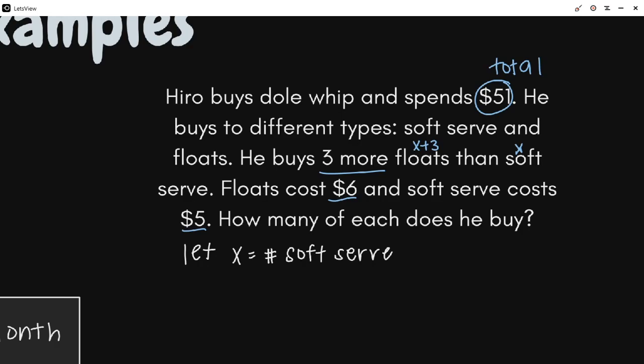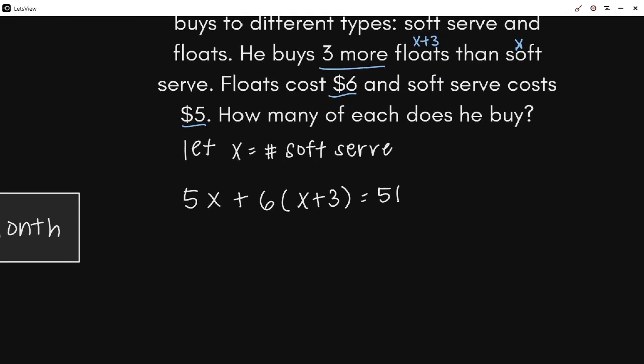So for the soft serve, each one is $5 and we buy x of them. So that will give us the total money that we spent on the soft serve. And then for the floats, that would be 6 times x plus 3, since they're $6 each, and we bought 3 more floats than soft serve. And he spent a total of $51.